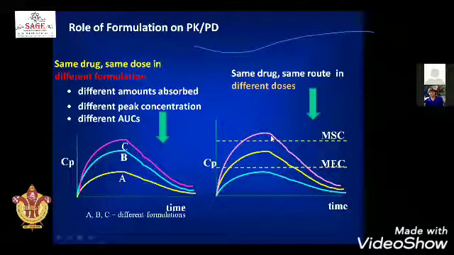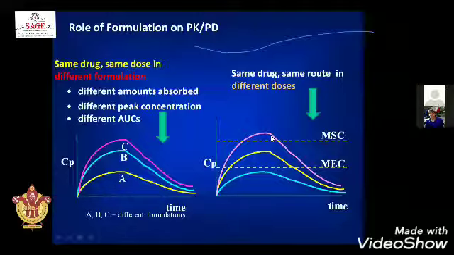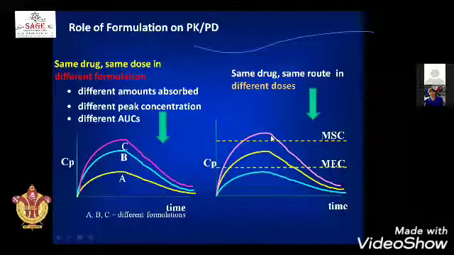If a drug is manufactured by 3, 4, 5 manufacturers, the drug level in the body after its administration will be different, because the formulations are different.